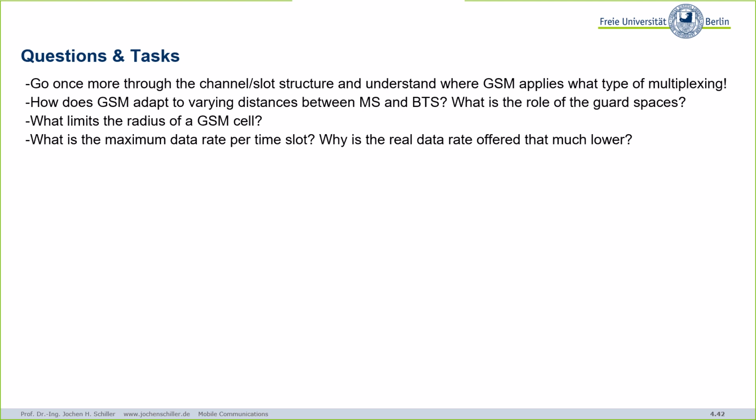How can we adapt? Why do we need guard spaces? Think of this as a simple TDM system, and this also limits the radius of a GSM cell.